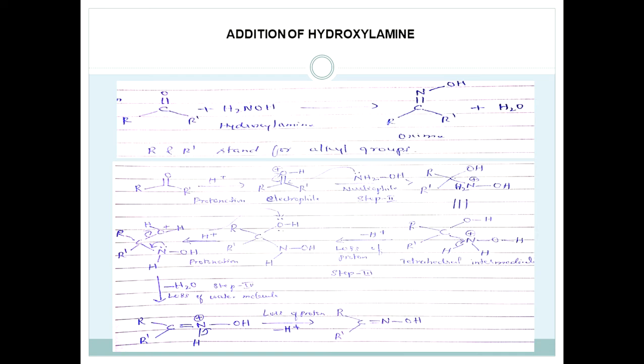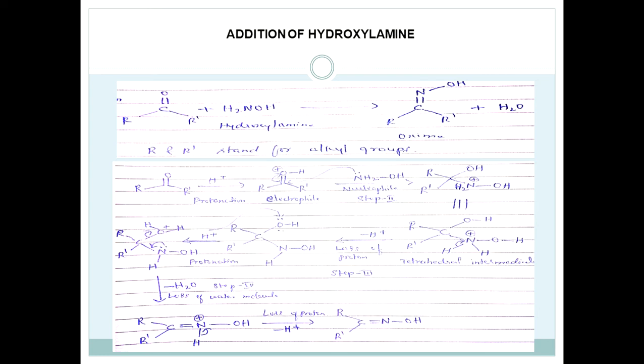So let us know the mechanism. In this mechanism, the proton from the acid attaches to the electron-rich carbonyl oxygen. Since hydroxylamine is a derivative of ammonia, it acts as a nucleophile.